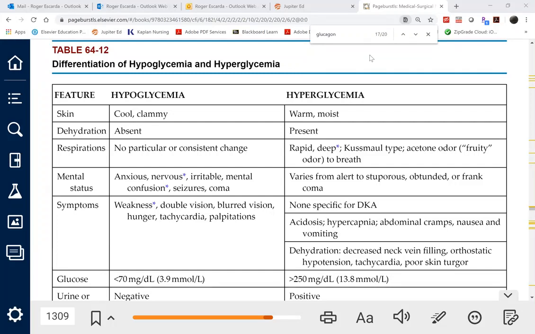So here are the differences between the 2. They are mostly separated by neuroglycopenic symptoms. Of course, hyperglycemia will have dehydration, then there is none on hypoglycemia.